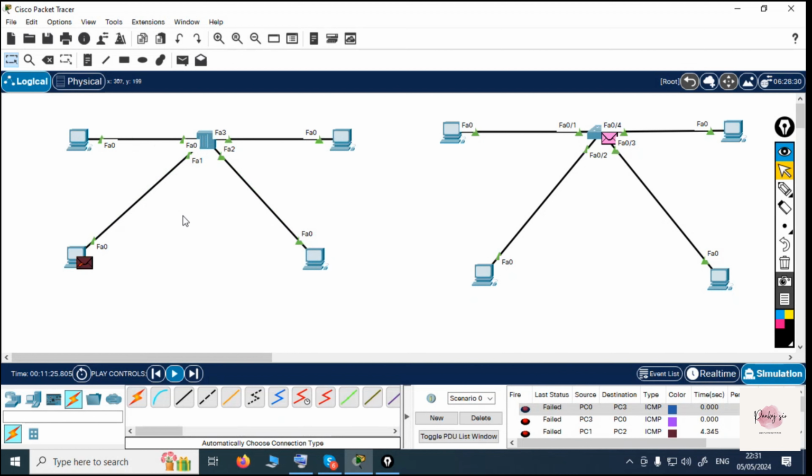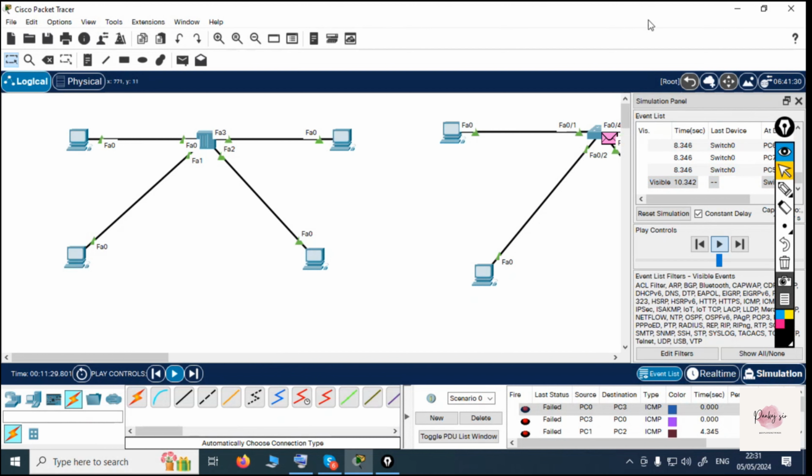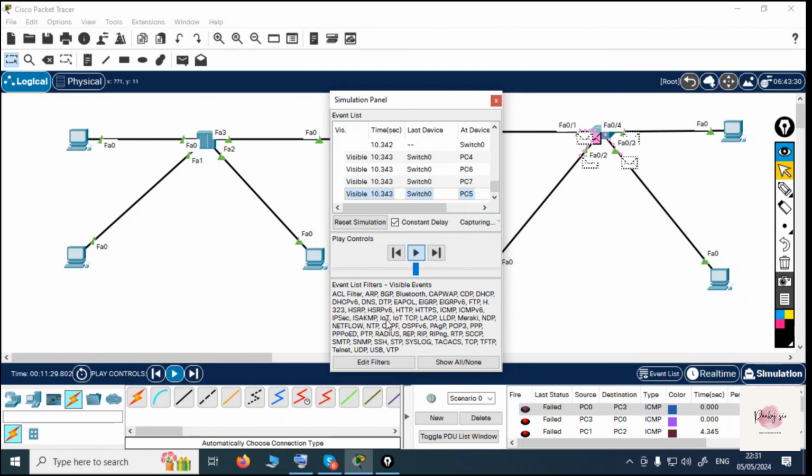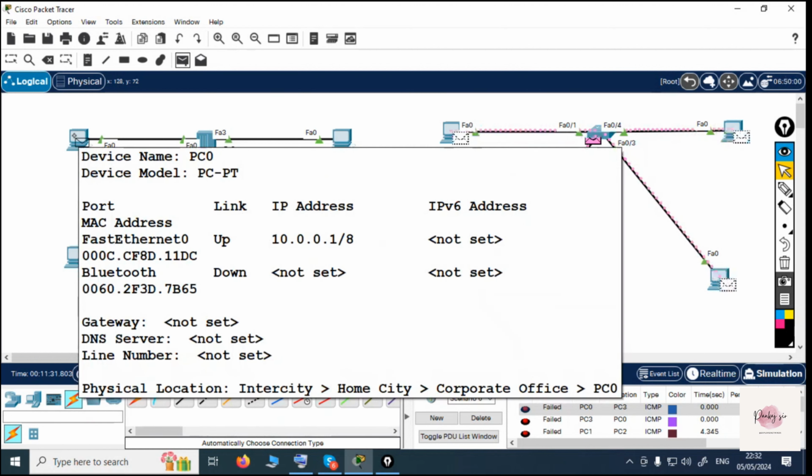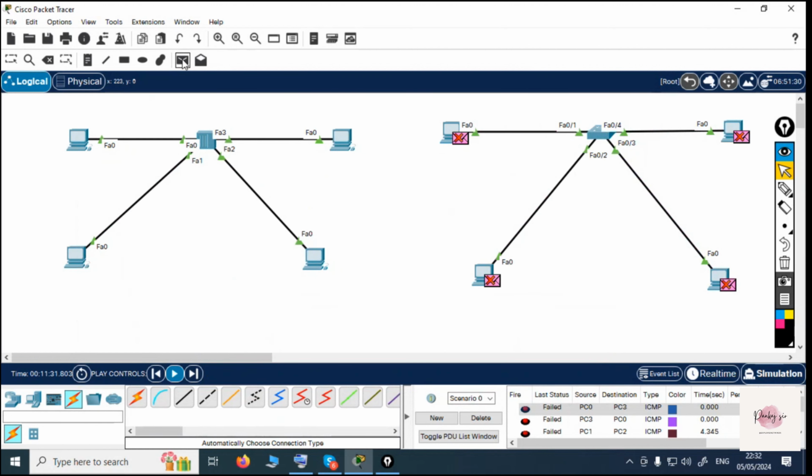And see, if we will send the data at the broadcast address, see what happens.